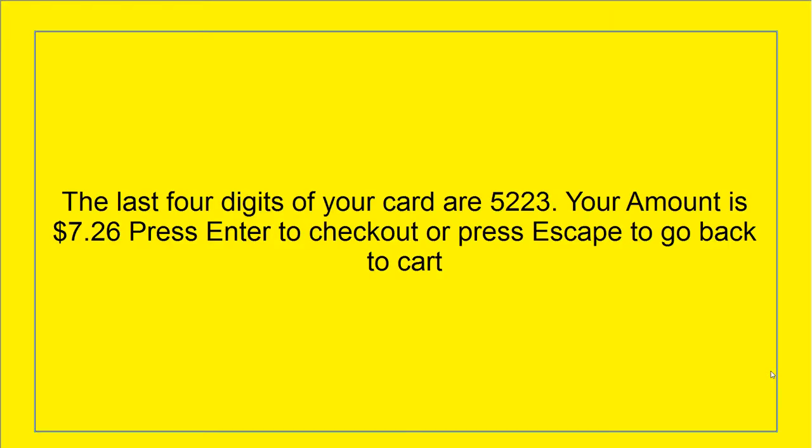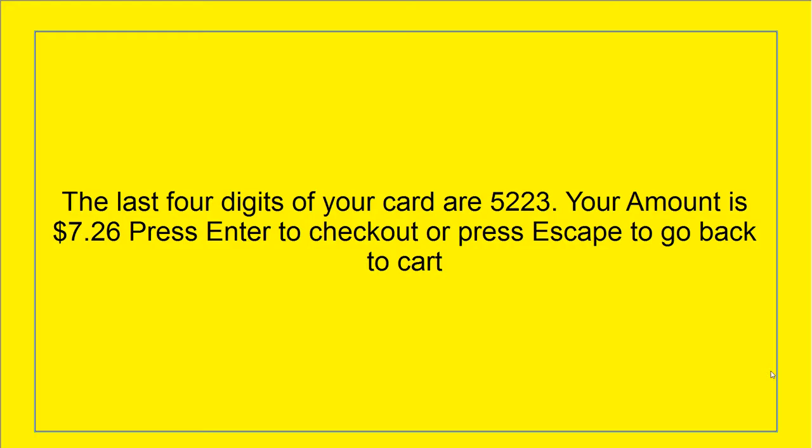When I insert my microchip card into the card reader, the information from the card is securely read or captured. It then moves forward to the screen indicating how much the total is and the last 4 digits of my card to ensure that I actually do want to purchase this dollar amount of this item.